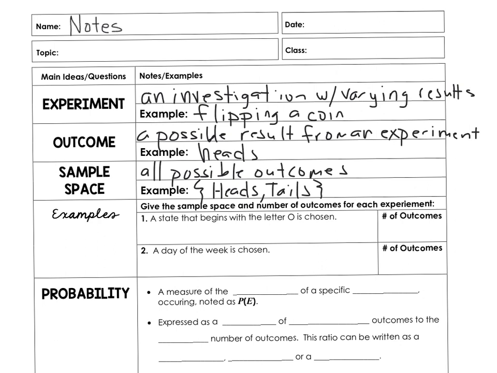All right, so for an example, if we're going to give the sample space and the number of outcomes, if we are selecting a state that begins with the letter O, our options could be Ohio, Oklahoma, or Oregon.